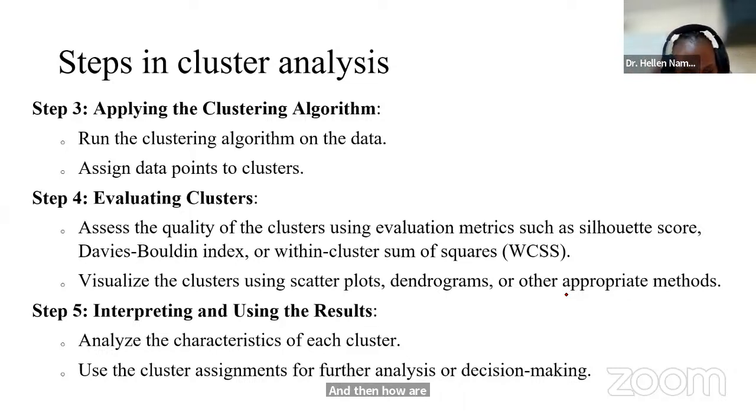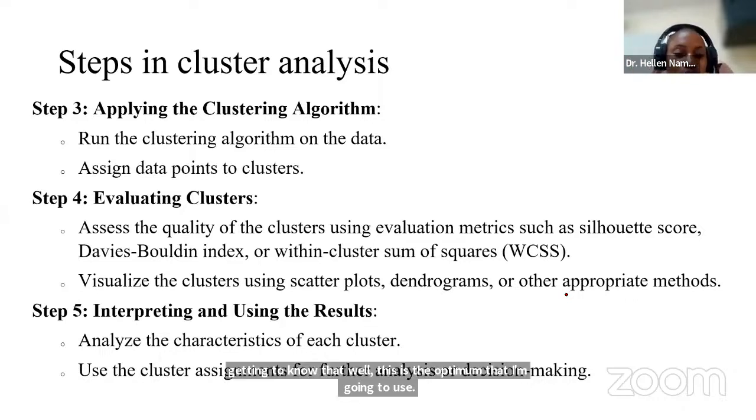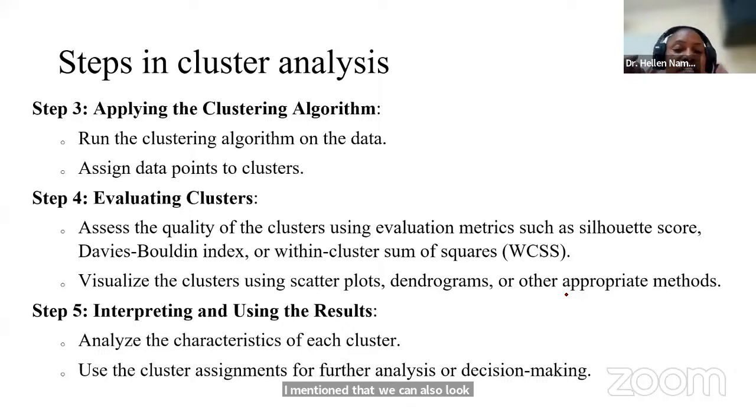You're going to see that in R. And then evaluating the clusters, we've already mentioned that for us to assess the quality of the clusters, getting to know that, well, this is the optimum that I'm going to use. I mentioned that we can also look at the within cluster sum of squares, because what we want to look at here is that we want to have the distance as small as possible within the cluster.